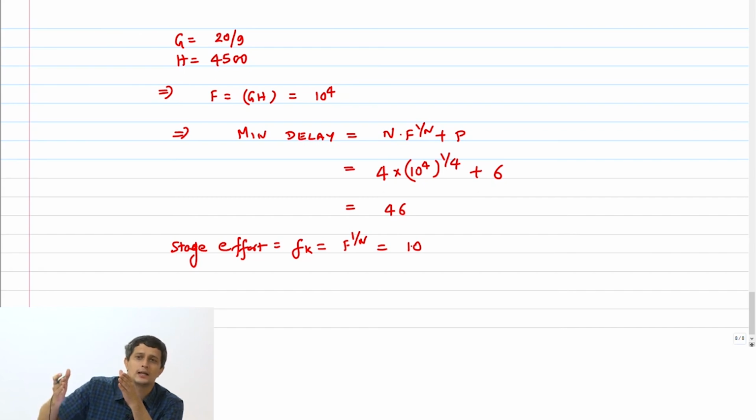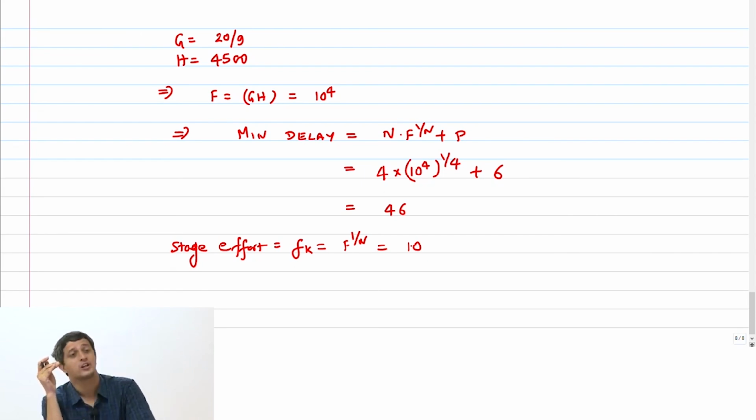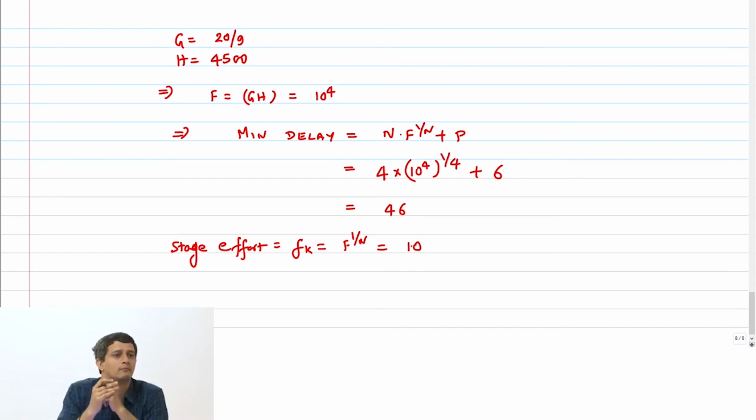If you do that, then I have a problem where each gate is having to do too much of work even for the minimum delay. Remember, this 46 is indeed a minimum delay. It is a minimum delay given that there are only 4 gates on the path. So the next problem that we will be solving is to do better than this.